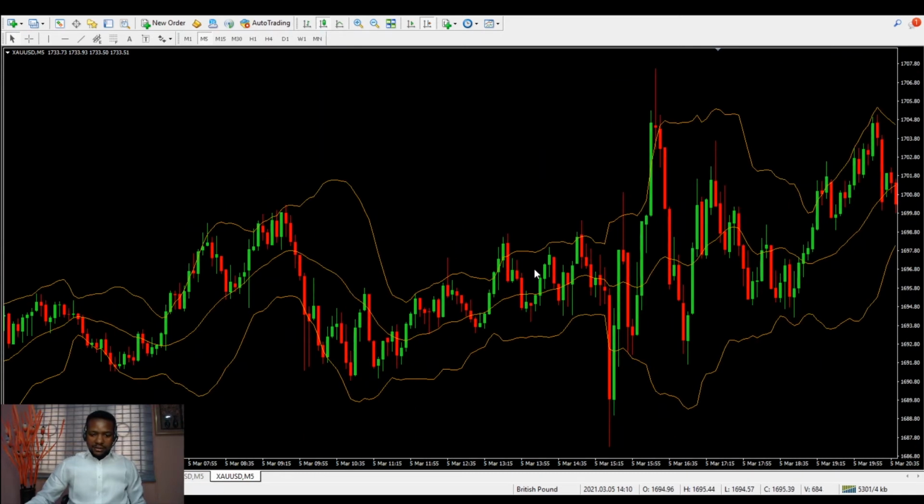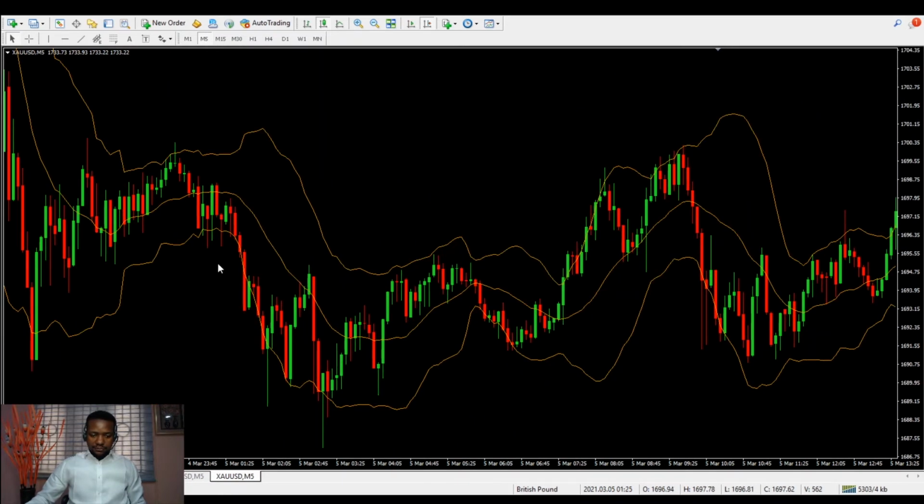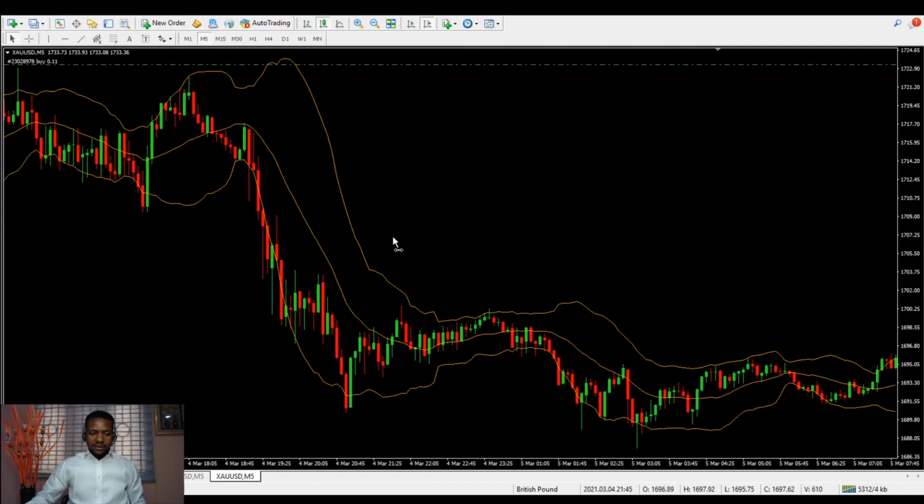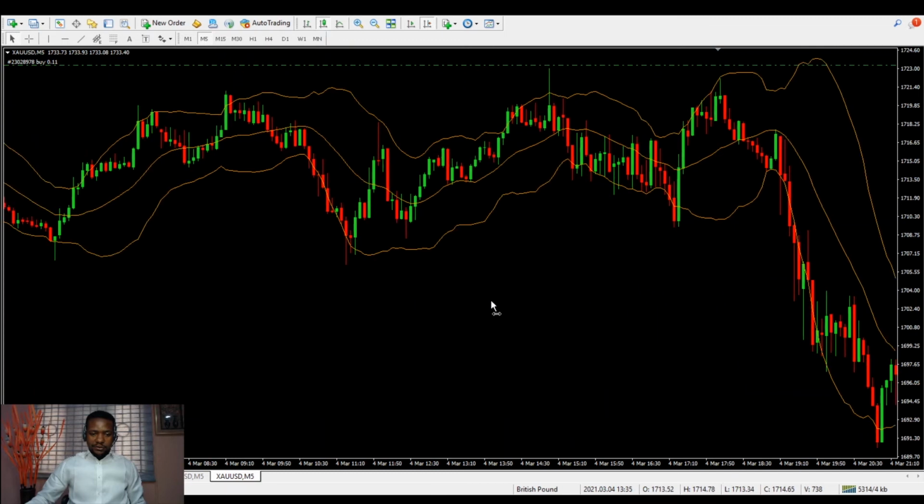Another squeeze here, but here we don't have a definite direction. This is another squeeze. At the end of this squeeze, it came down. So once you see the Bollinger Band, the upper band and the lower band, coming together to form a squeeze, get set for a new direction.